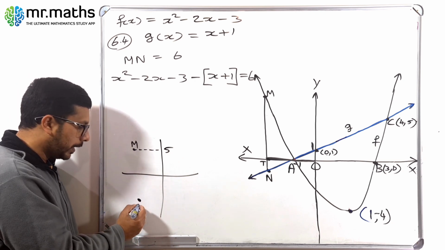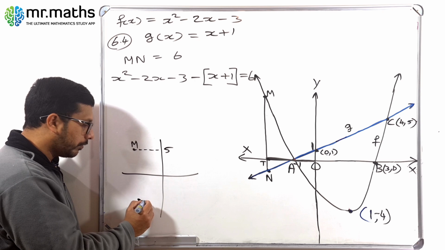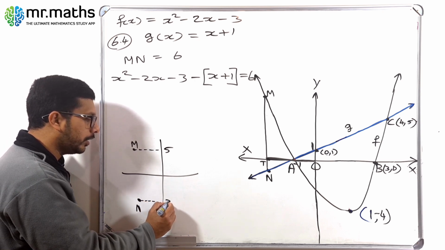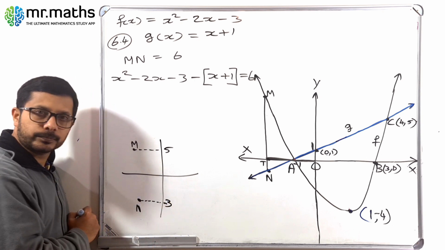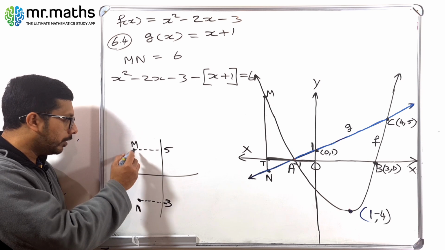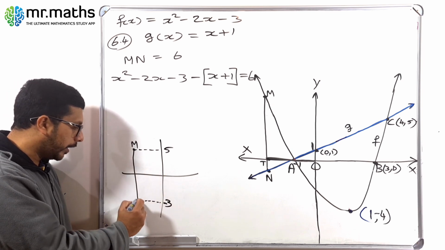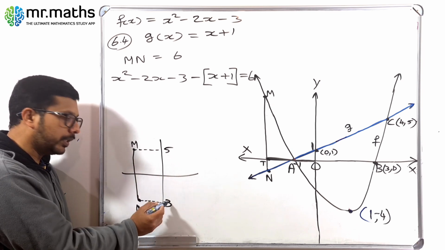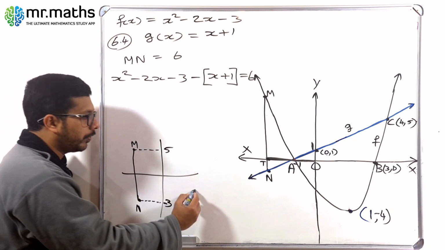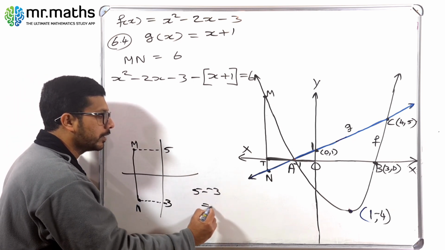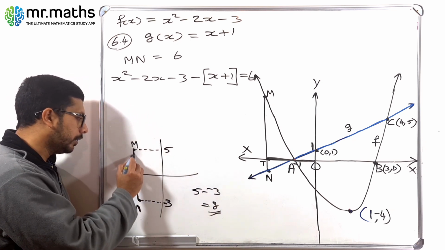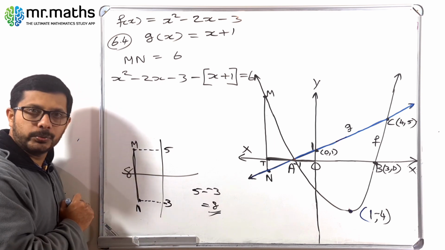So this is our N. G of x is equal to, let's say, minus 3. So how can I find this length MN? This 5 minus this minus 3, that means 5 minus minus 3, that is 8 units. That means this one is 8 units.